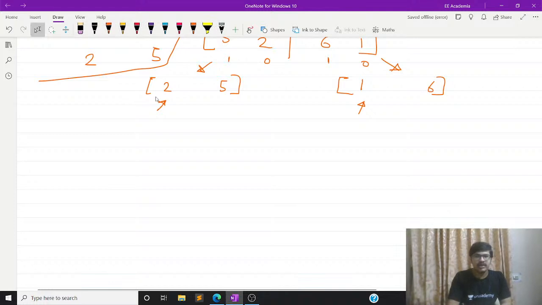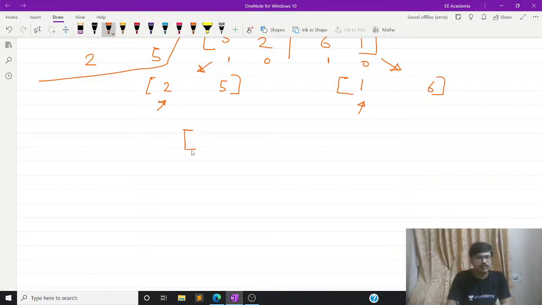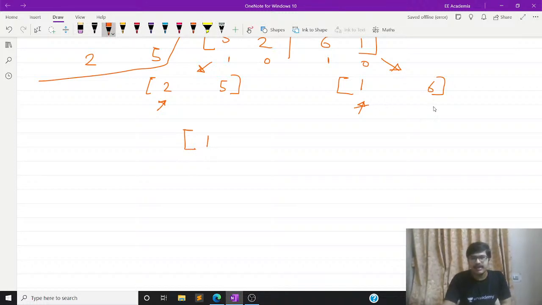So I combine 2 and 1. Among 2 and 1, what is the smaller element? 1 is smaller. So I put 1 here and I increment this here. So now there is 2 and 6. Among 2 and 6, what is the smaller element? 2 is smaller.